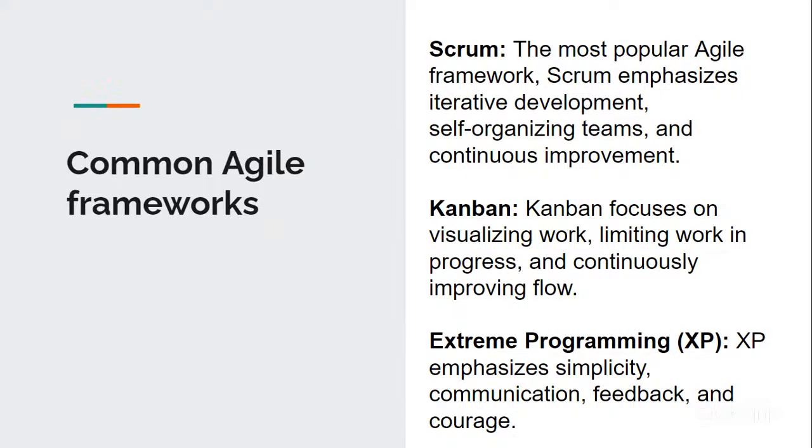While the Kanban framework focuses mainly on visualizing work, limiting work in progress, and continuously improving the flow of work. While extreme programming, popularly known as XP, emphasizes simplicity, communication, feedback, and courage.